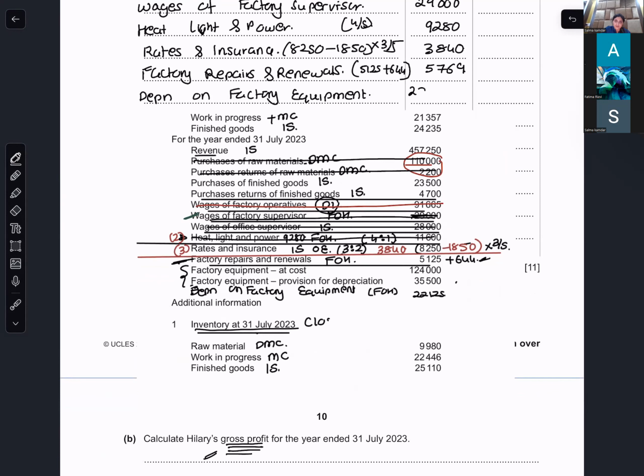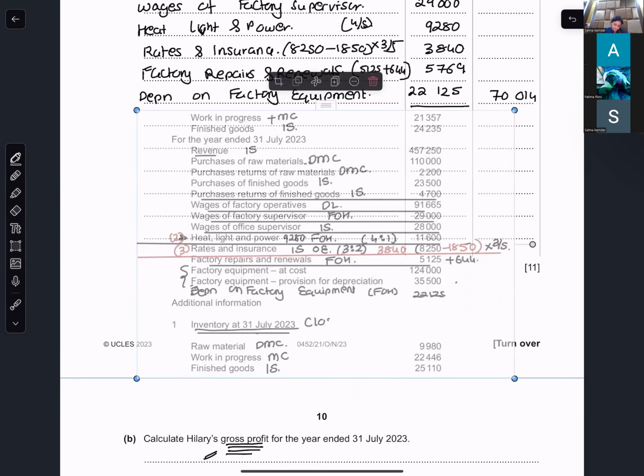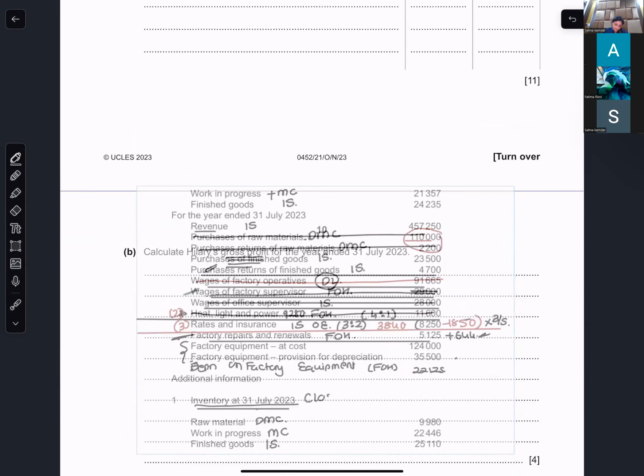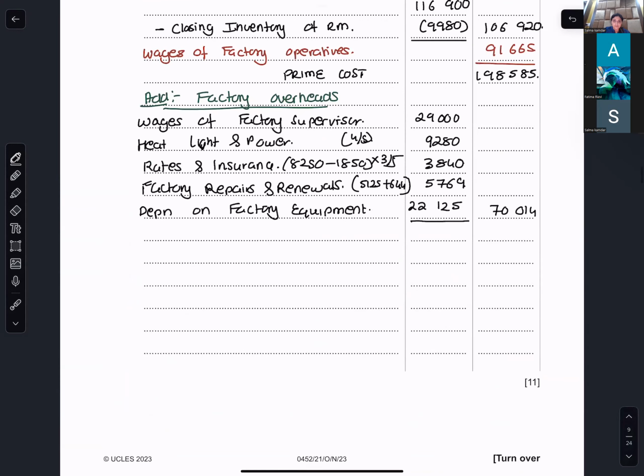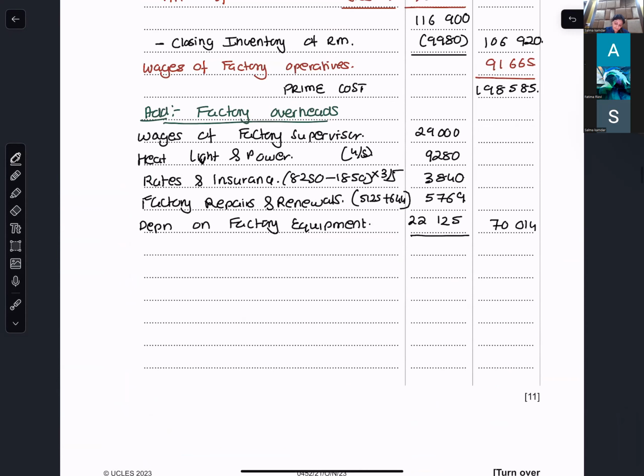And depreciation on factory equipment is 22,125. So the total is coming up to 70,014.